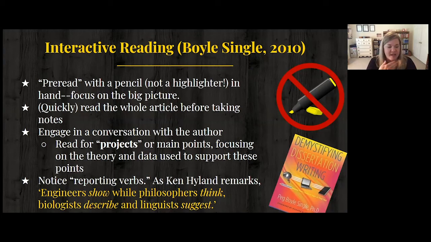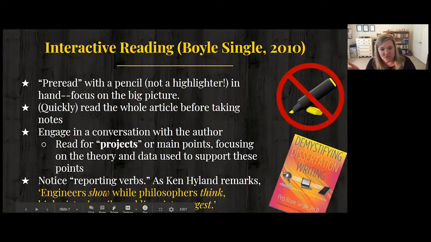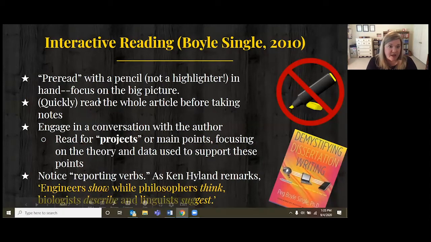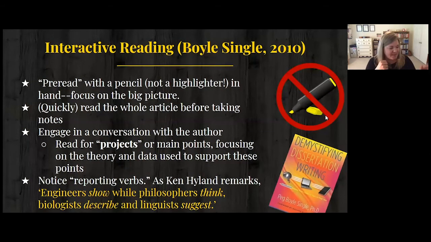Instead, they would say, this is what the evidence shows, or this is what the theory suggests. So really thinking about what verbs are used in the articles that you read for your literature review, and how can you replicate that in your own literature review writing is really useful. We often read just for content, and we sometimes forget to read for genre or for style, which can be really useful. Next slide, please.